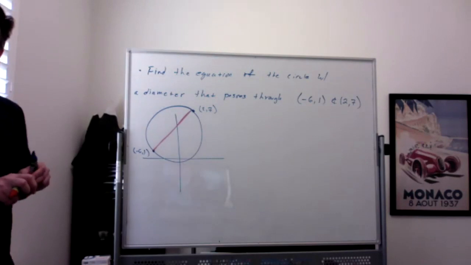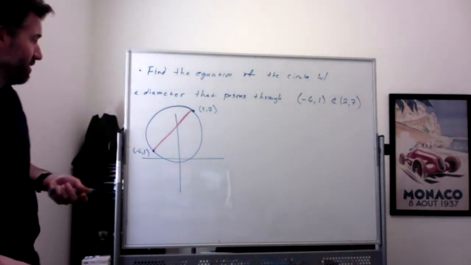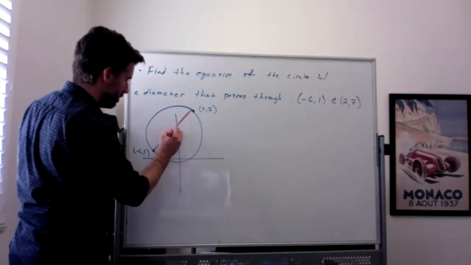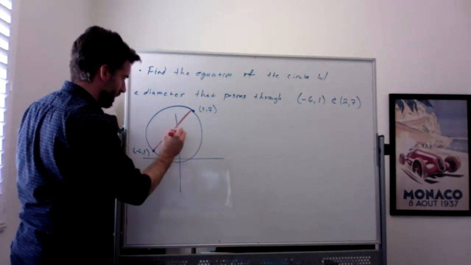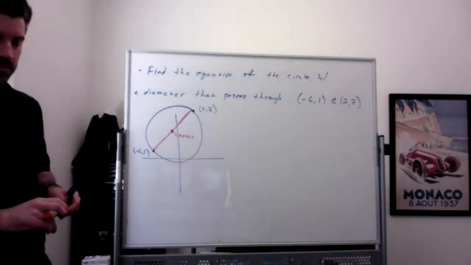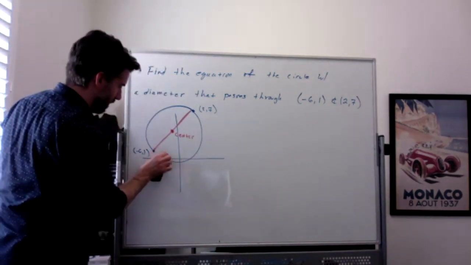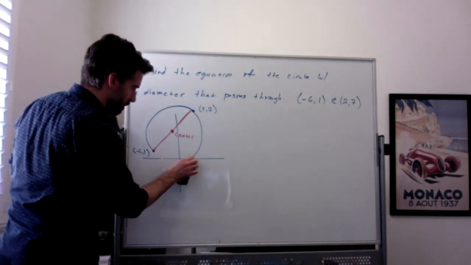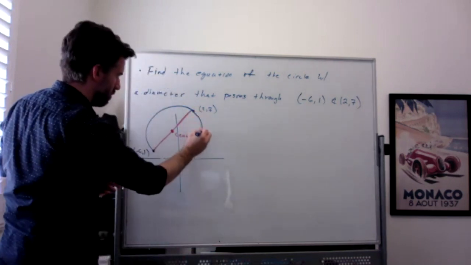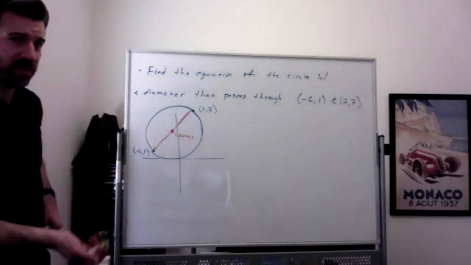Something that's true about the diameter of a circle, not that I've drawn it very well, I've drawn it pretty terribly, is that the diameter should go through the center. My picture is maybe not super excellent when it comes to that aspect. You can maybe make it look a little bit better. There, that looks slightly more plausible.